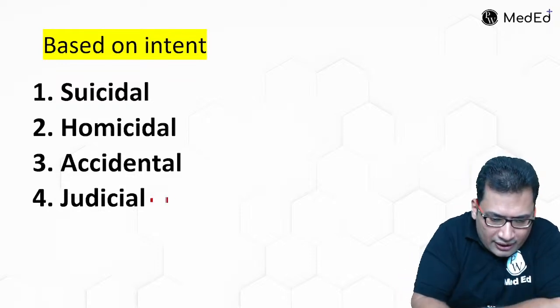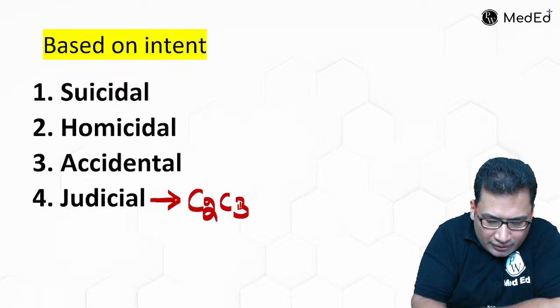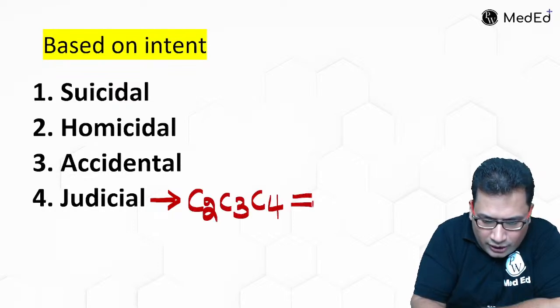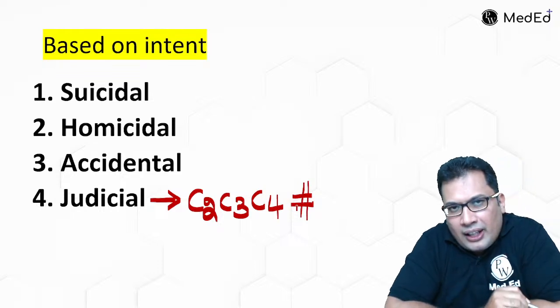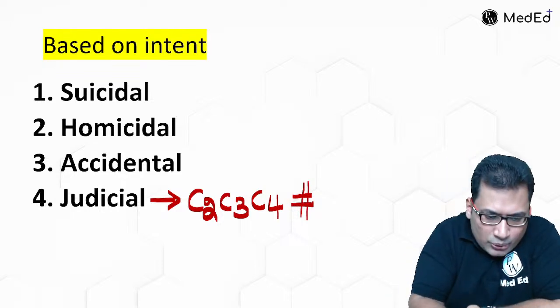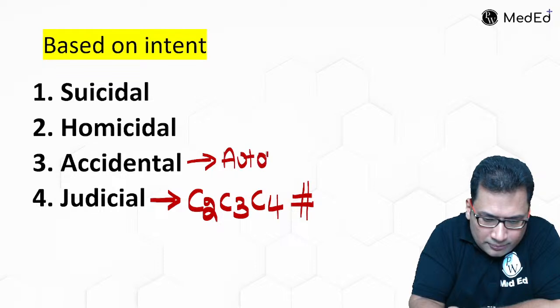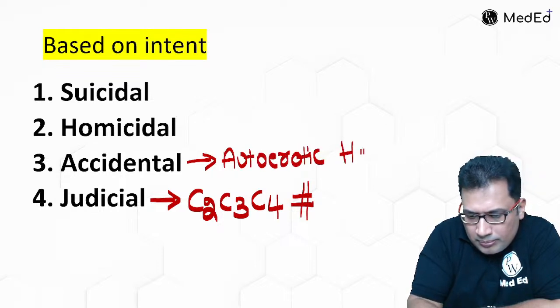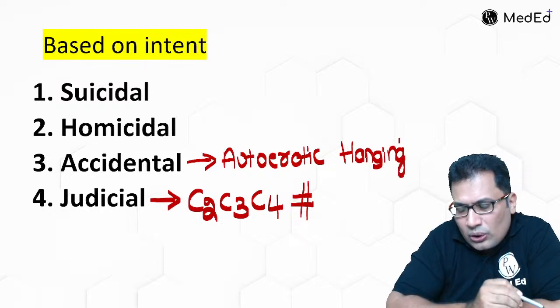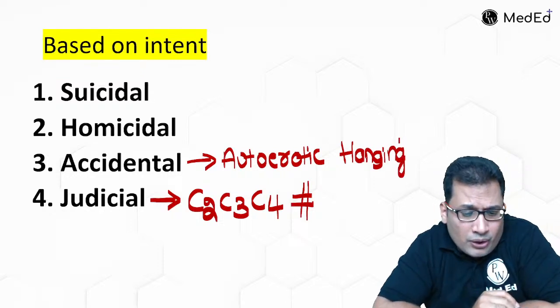In judicial hanging, remember there will be a C2, C3 fracture. Accidental hanging is commonly associated with autoerotic hanging, also known as sexual asphyxia.